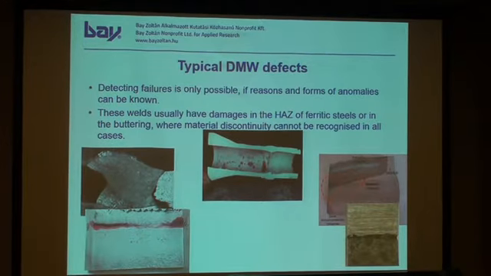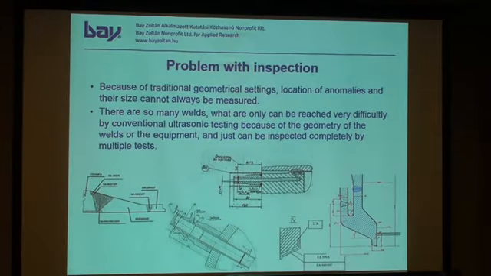And the problem is that it is stress corrosion, mainly generated by the residual stress. And that's why it has to do with the residual stress. We have to know the reason for it. And there is another problem with the geometry and the inspection.